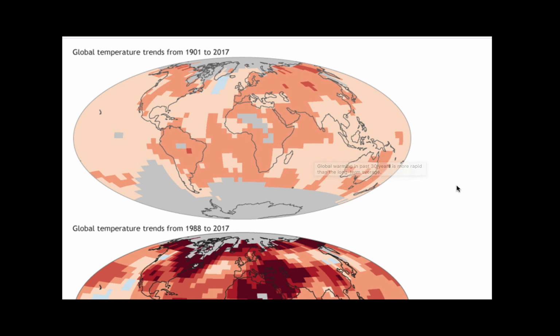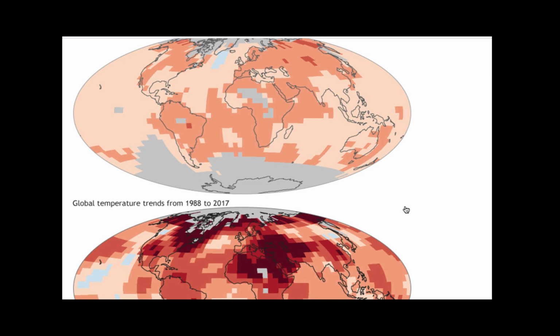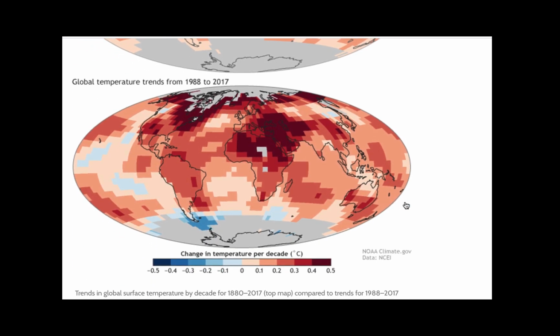If we change our time scale though, and we look instead at just the past 30 or so years, 35 years, excuse me, we can see a much more dramatic change taking place.